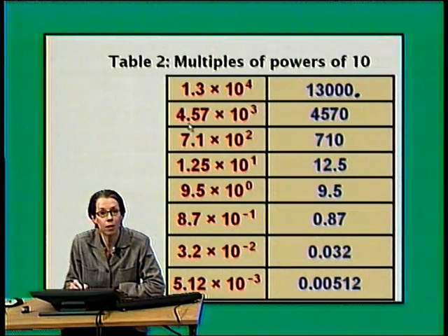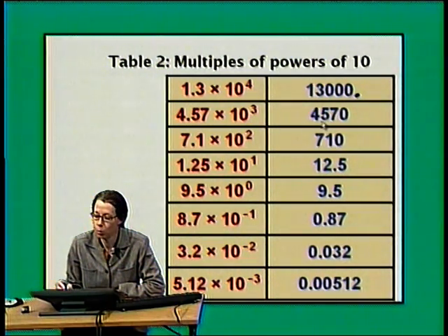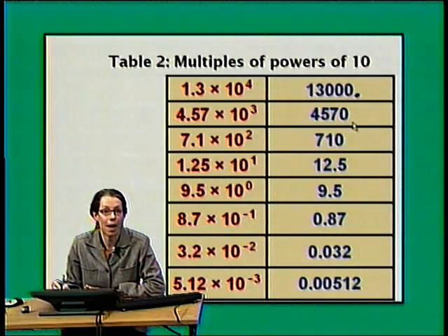Let's see if the same thing has happened in the next row in our table. We started with a decimal point between the 4 and the 5, and when we multiplied 4.57 by 10 cubed, the decimal point ended up 1, 2, 3 places to the right. 10 cubed, the decimal point moved 3 places to the right. Does this pattern continue?